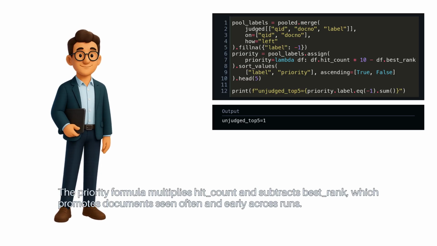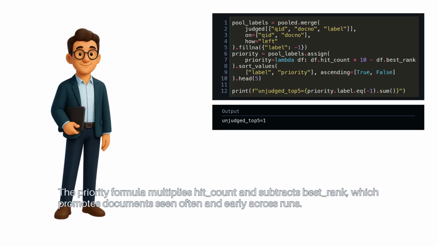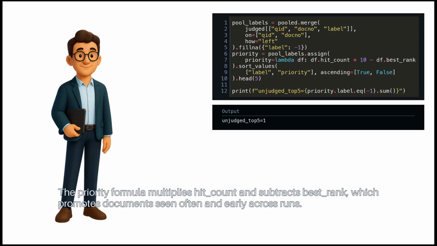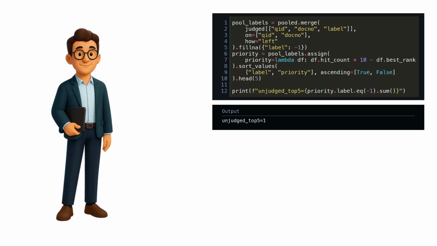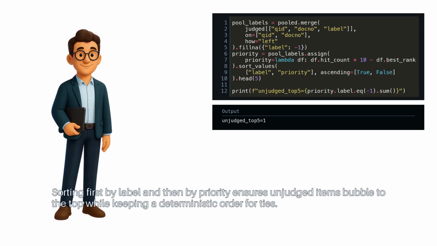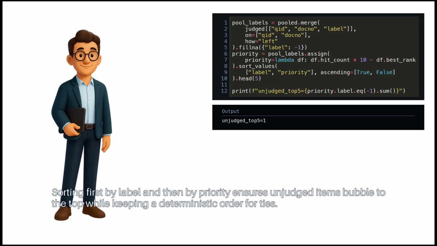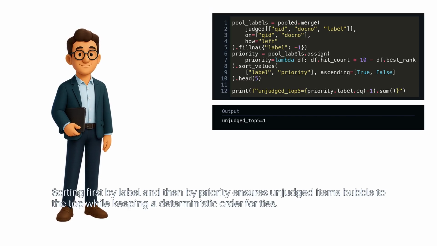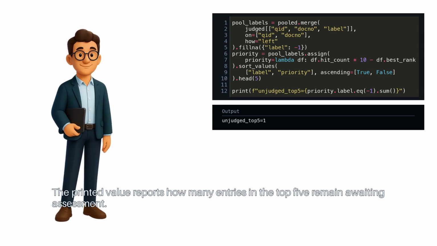The priority formula multiplies hit count and subtracts best rank, which promotes documents seen often and early across runs. Sorting first by label and then by priority ensures unjudged items bubble to the top while keeping a deterministic order for ties. The printed value reports how many entries in the top 5 remain awaiting assessment.